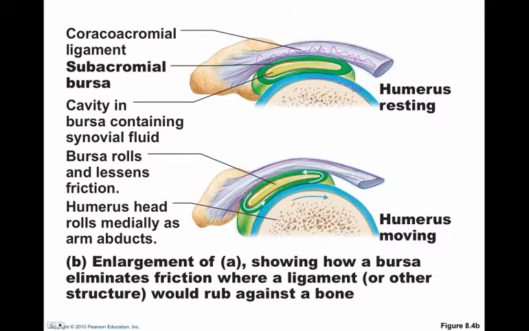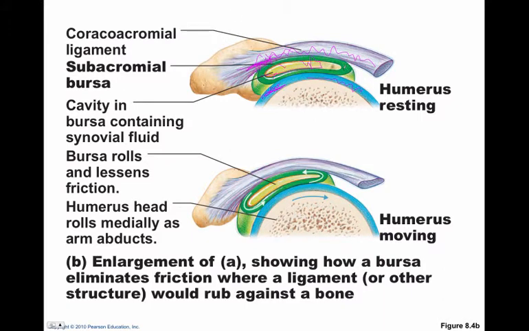If this ligament didn't have this bursa fit in between it and the humerus, you could imagine that with a lot of movement we would potentially burn out the hyaline portion of the humerus, or we might burn out some of this ligament.